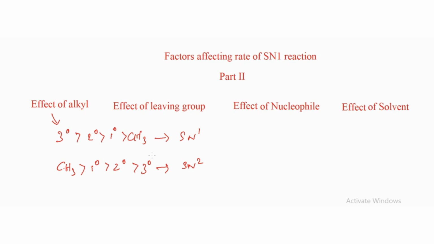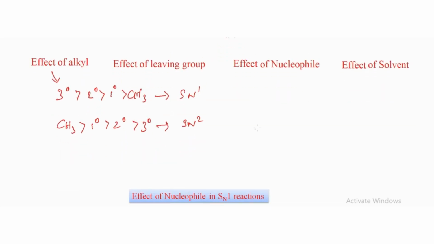So the students assume that, okay, that means the effect of leaving group will also be in a similar way. That means it will be reverse. For the SN2 reaction we studied the iodine is a good leaving group, then bromine, then chlorine, then fluorine.